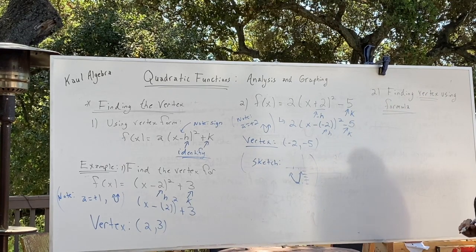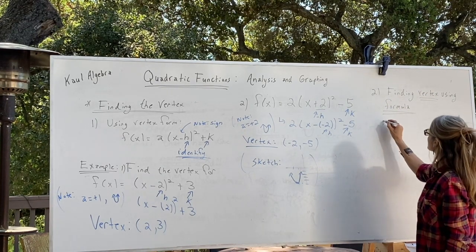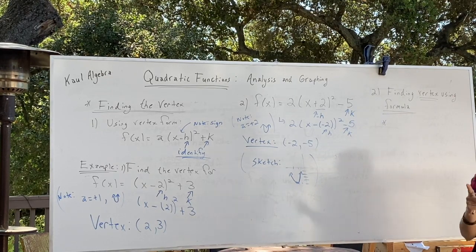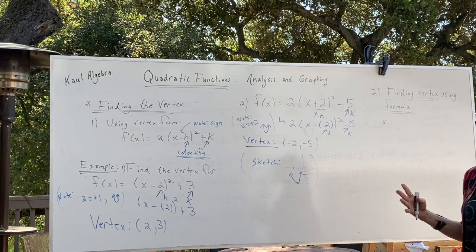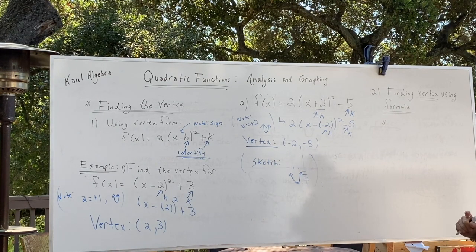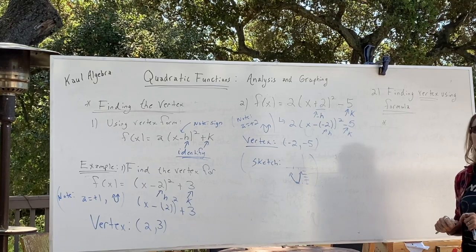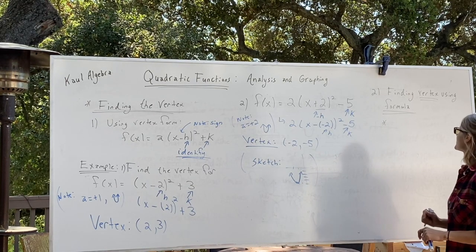Okay. So here what we do is we make sure that we have standard form. So sometimes you might be given a quadratic in standard form already, and you can use the a, b values that you have to find the vertex.